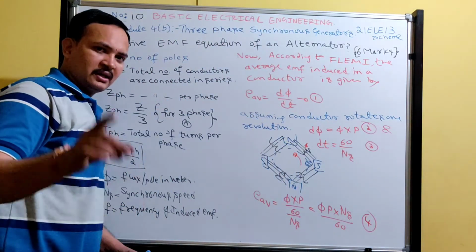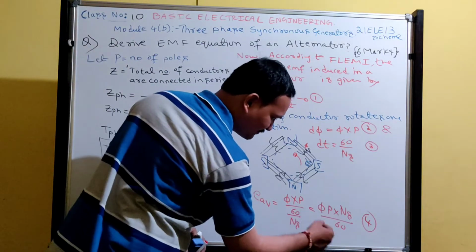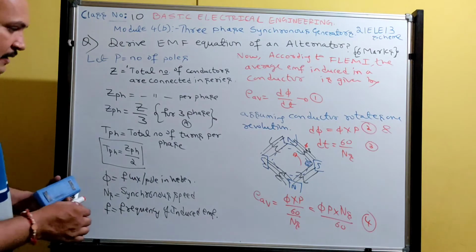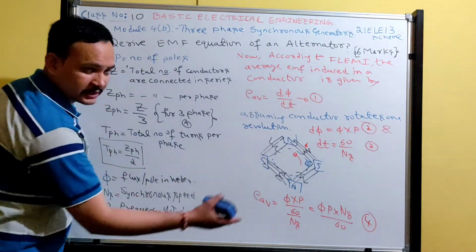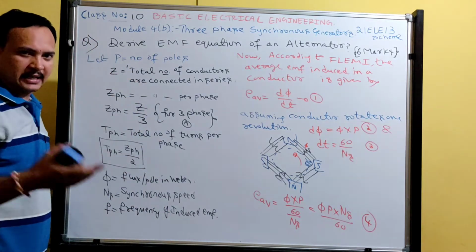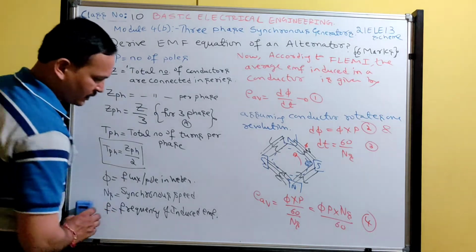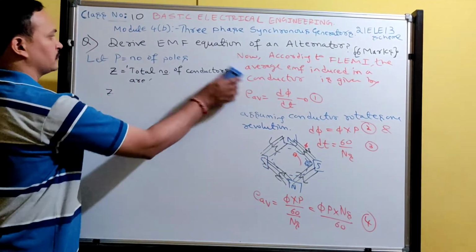Equation 4 is the EMF induced in one conductor: Φ P Ns by 60. So guys, till here pause it and copy down. I want to erase this and proceed with the derivation. If you have not copied, pause the video and copy down, because I want to continue from there onwards.